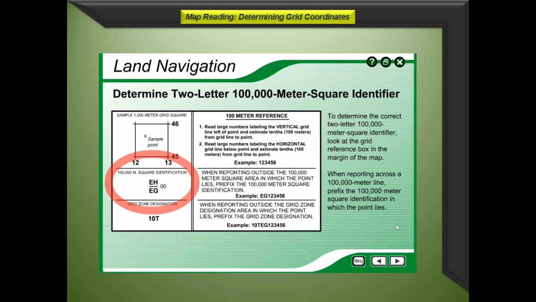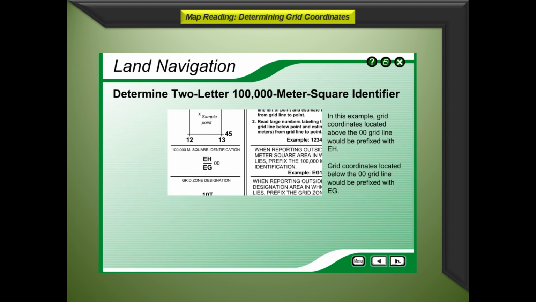Now if you have already seen the video of the marginal information, the letter code that goes in front of your grid can be found in the marginal information. In this case it says EH is above the 00 grid line and EG is below the 00 grid line.